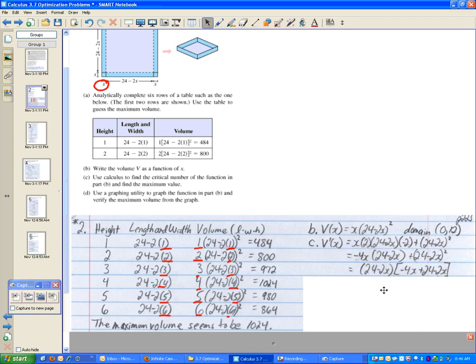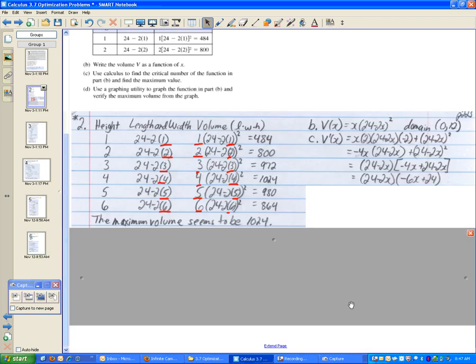Simplify inside your bracket. So I've got 24 minus 2x times negative 6x plus 24. And I can factor some constants. I can factor a constant out of each of these parentheses. So I'm going to do that.